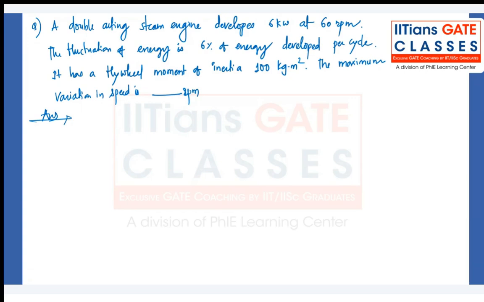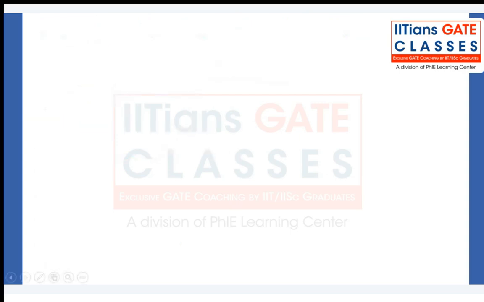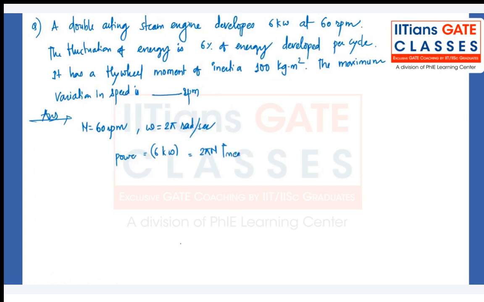Okay. So let me give you the solution here. N is 60 RPM, omega is 2 pi radian per second. Power is equal to 6 kilowatt, and that is equal to 2 pi N T mean torque divided by 60.